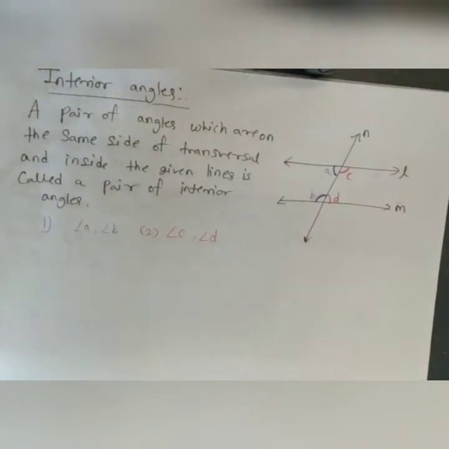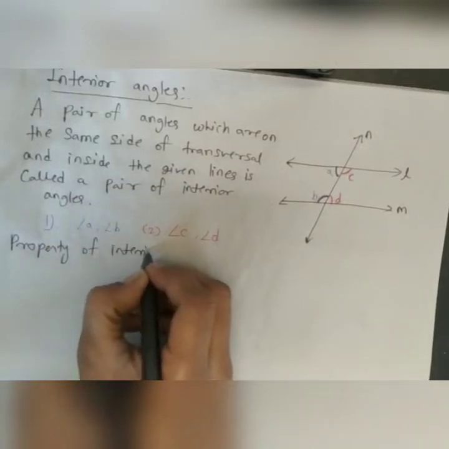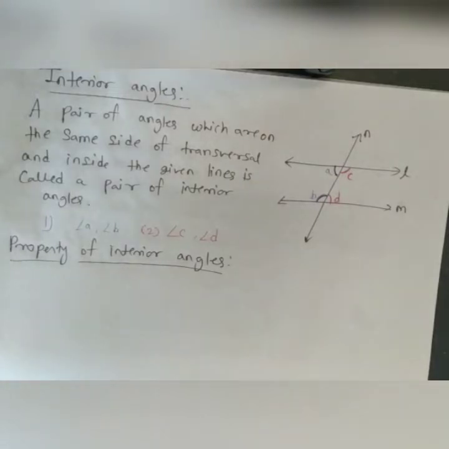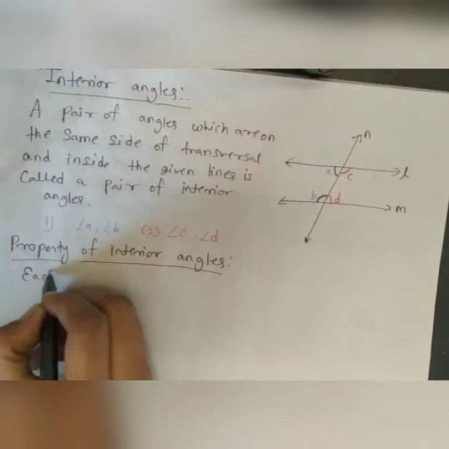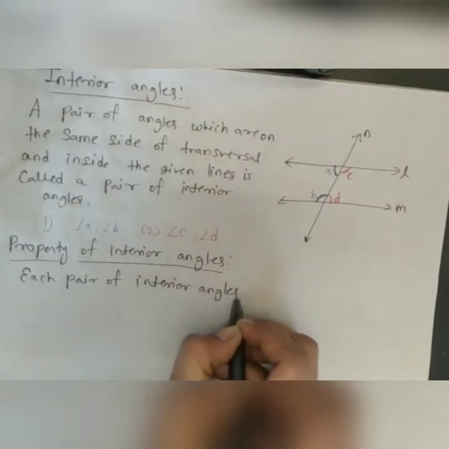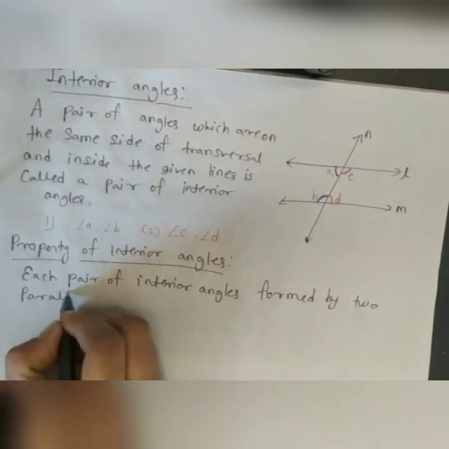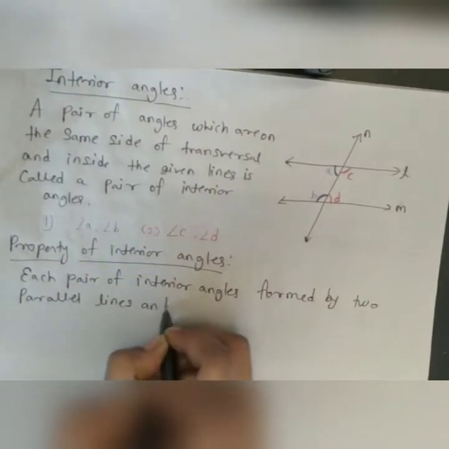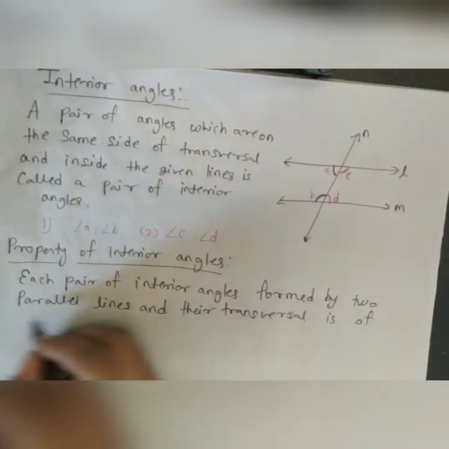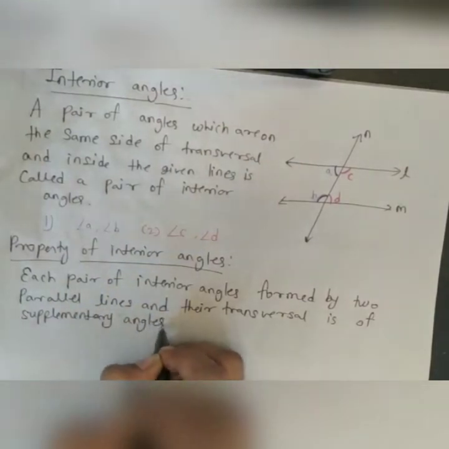Now we will learn the property of interior angles. The property of interior angles says that each pair of interior angles formed by two parallel lines and their transversal is of supplementary angles.